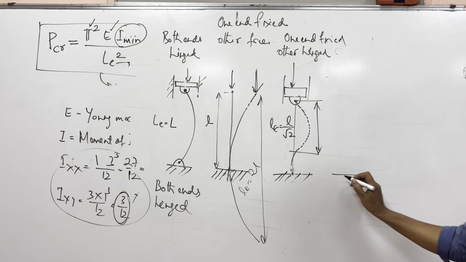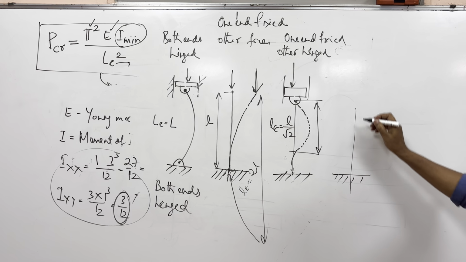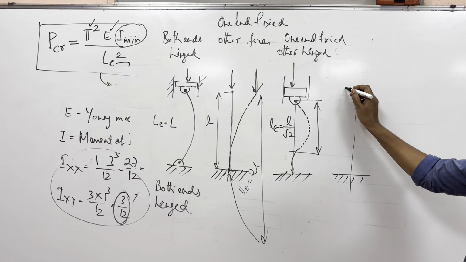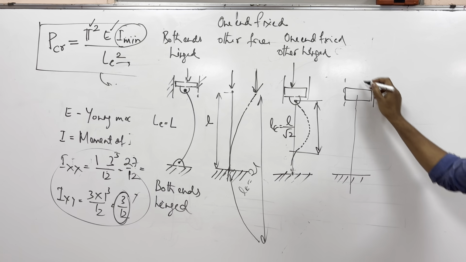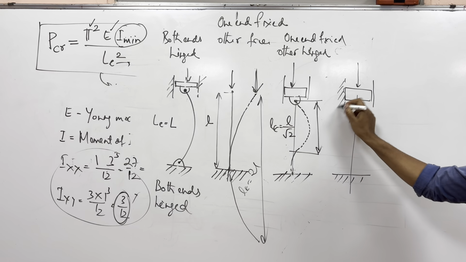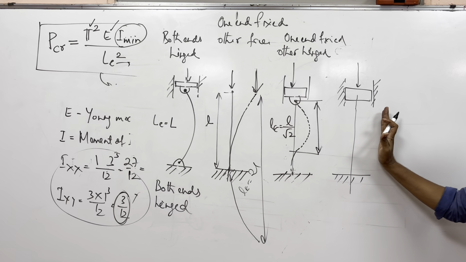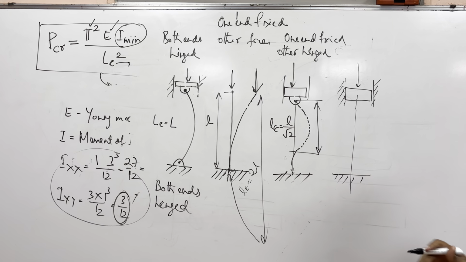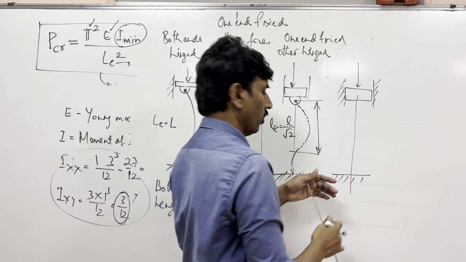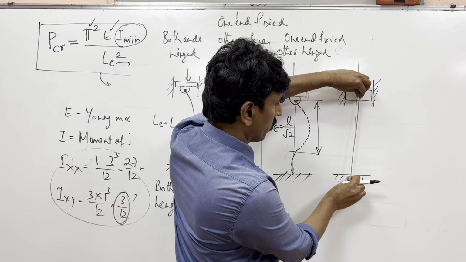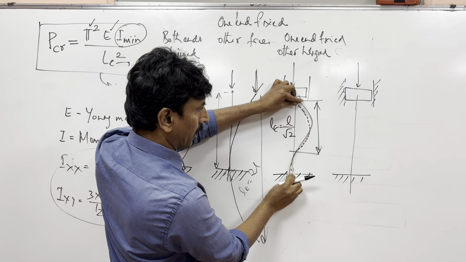So both ends fixed. When you have something like this, you ensure that you have a slider which holds this, and where you can apply load. Is it seen here? Okay. Now can you imagine how it would bend? In the previous case it bent like this.